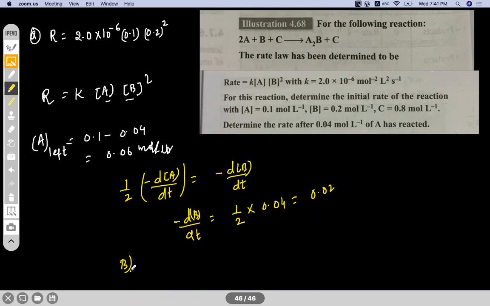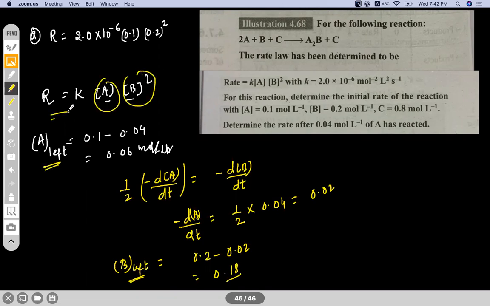B left is initially 0.2 minus the amount which reacts, so it is 0.18 of B left. Now this value and this value you need to substitute here, and you'll get the answer as the new rate. So the answer for the new rate is 3.88 into 10 to the power minus 9.